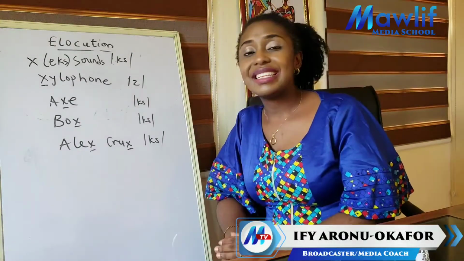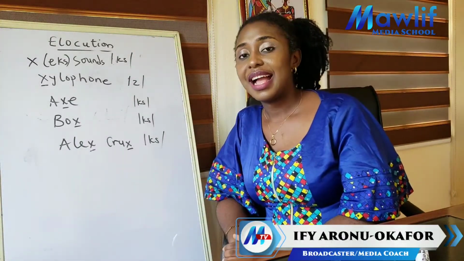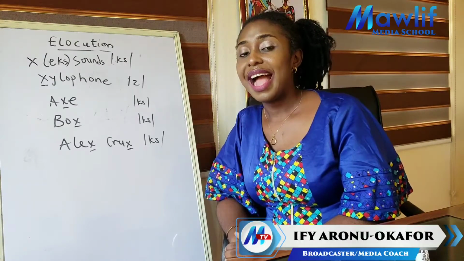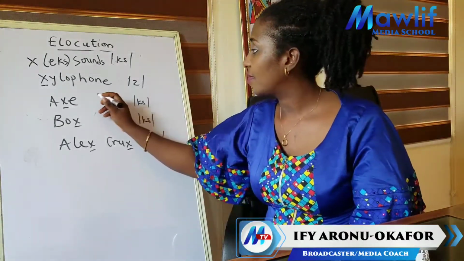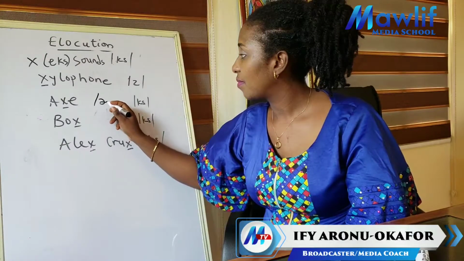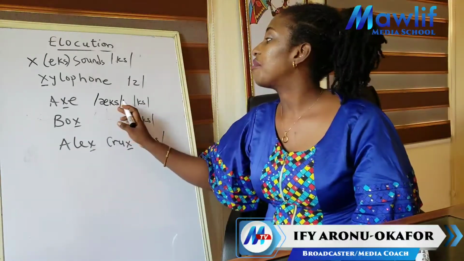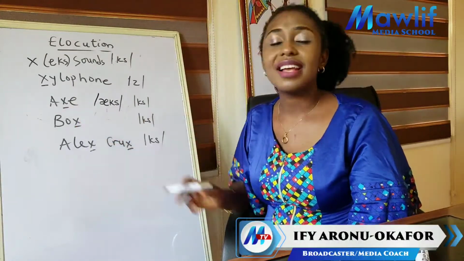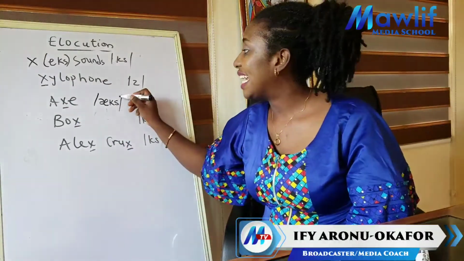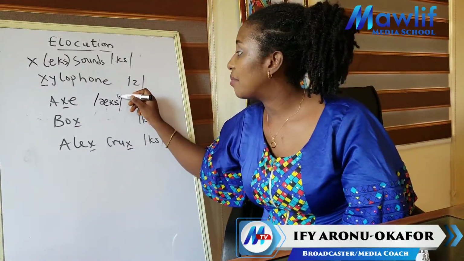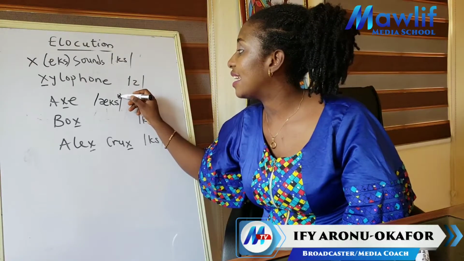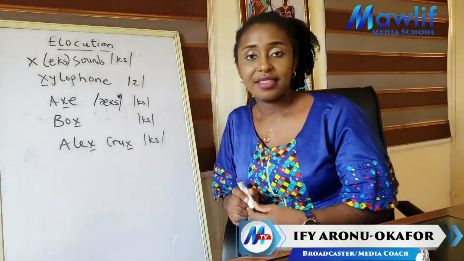But that word is axe. So the sound of X is Ks and E is silent. So you can decide to put E in brackets.